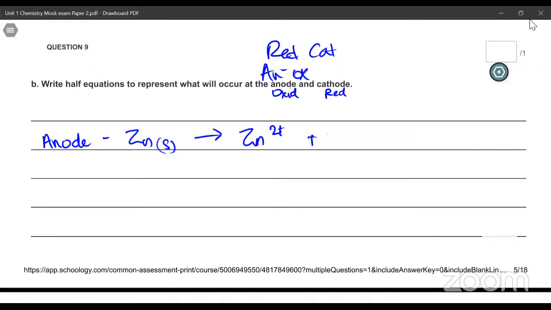Now, for every equation, I usually stress this a lot. You can know if your equation is balanced if the charges are the same on both sides, as well as the amount of each species. So here you have one zinc, that's fine. Zinc here on its own has no charge, but over here you have a +2 charge.